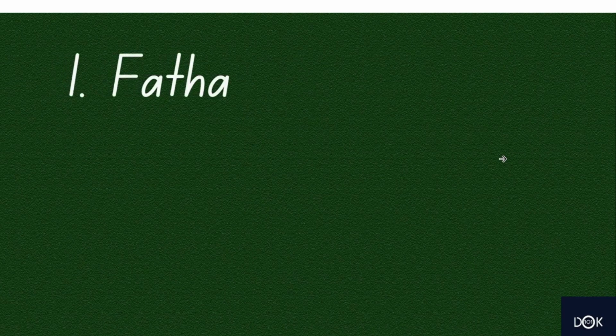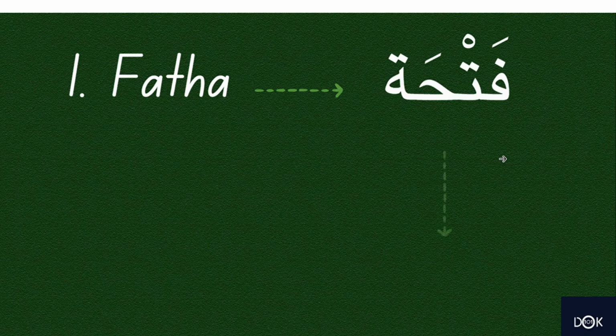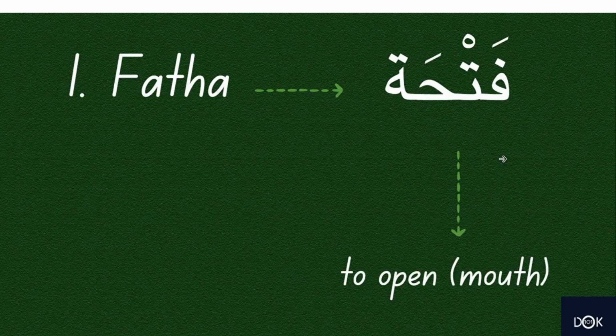The first haraka is called a fatha, and again it's called fatha for a reason. The word fatha or fataha in Arabic means to open. Whenever we pronounce a word with a fatha, we have to open our mouth for it. Now, the formation of fatha is such that it is a small diagonal line which is placed above the letter.